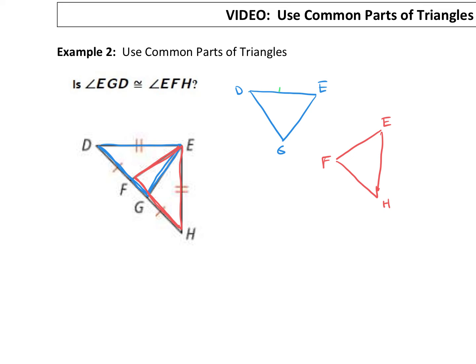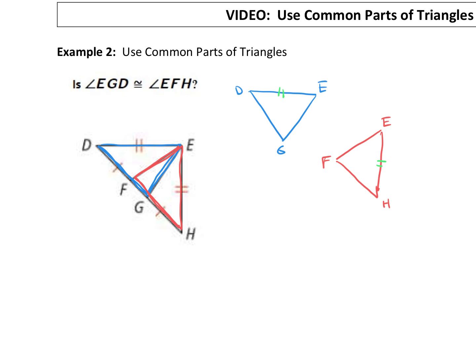We know that DE is congruent to EH. So we have a congruency mark right here, this is on DF. We have a congruency mark right here, which is on HD. So this overlap right here is part of both triangles.